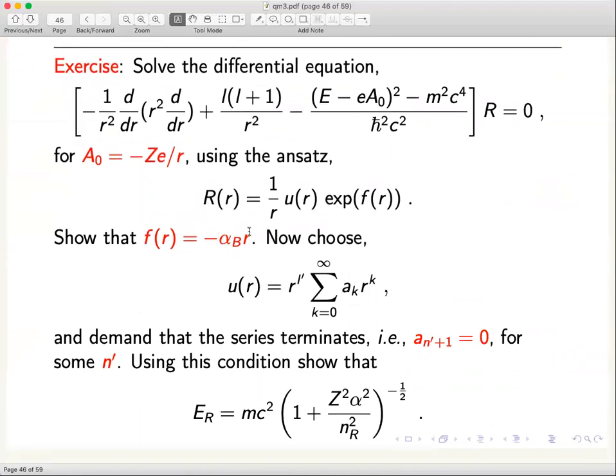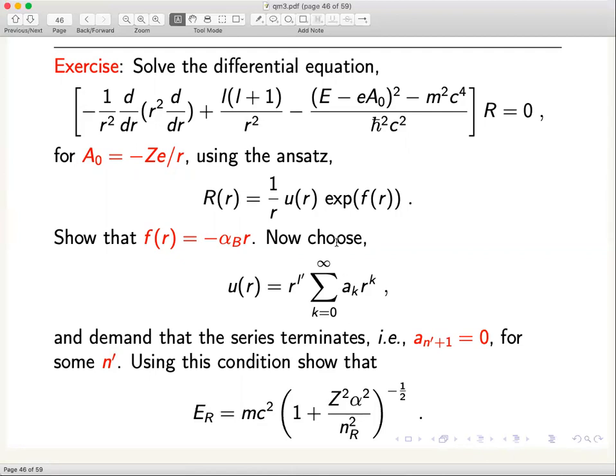Okay, after having done that, you substitute u to be this, and demand that the series terminates, that a n prime plus 1 is 0, and using that determine the energy spectrum E_r for the relativistic problem to be mc squared into 1 plus z squared alpha squared upon nr squared whole to the minus half. That would be the solution.